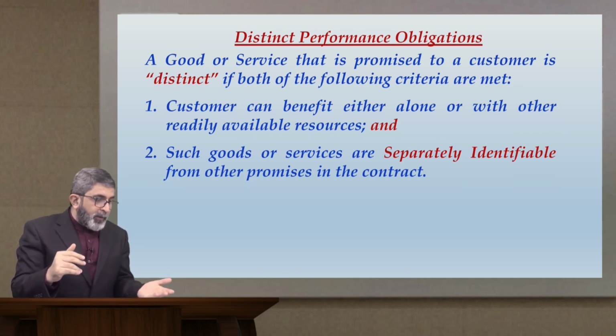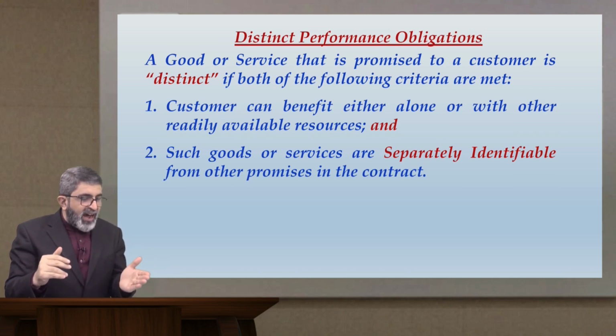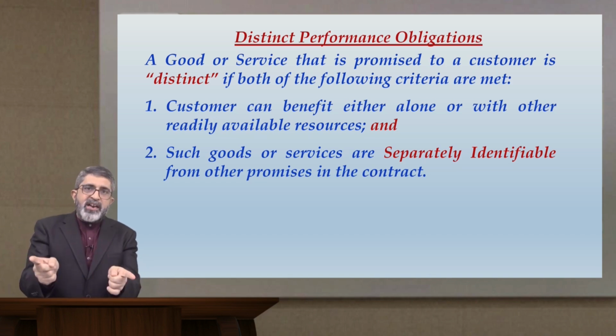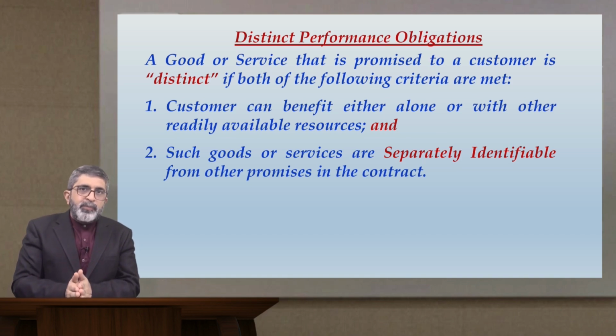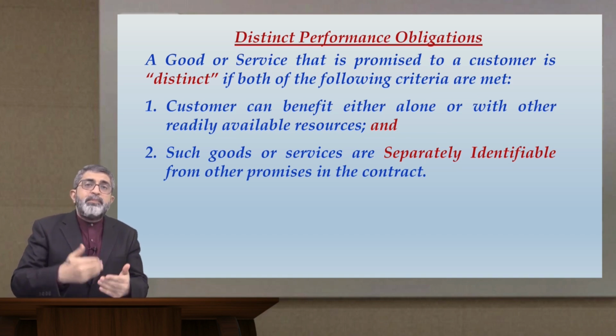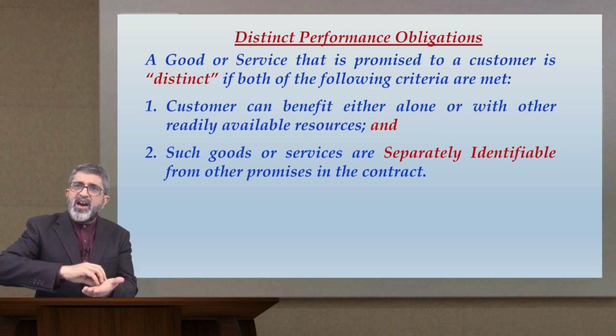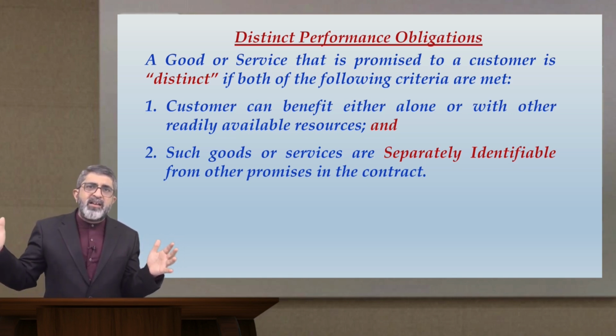So look at one thing. Such goods or services are separately identifiable. You should be able to separately identify them. For example, if you want multiple cars, you say give me this car, this car, this car. I have a fleet of vehicles available with me.